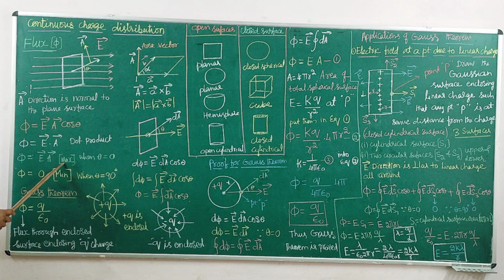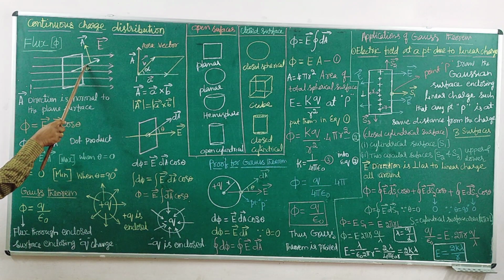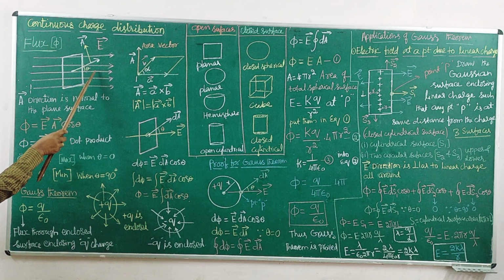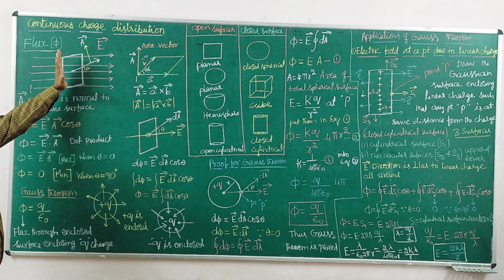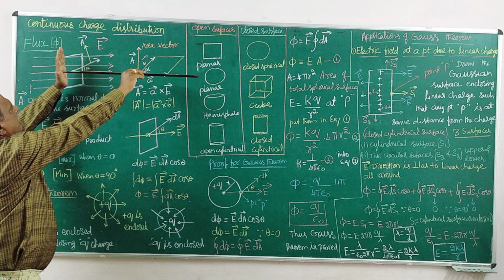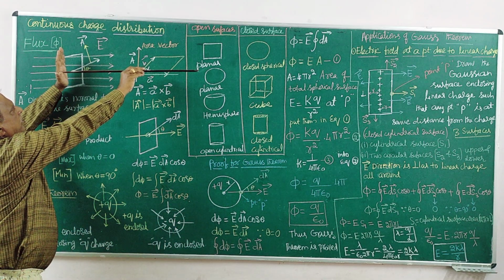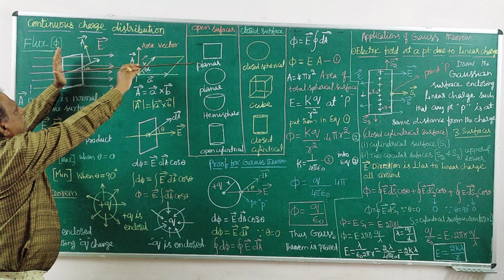That is the maximum value, when theta equals 0. Theta equals 0 means the direction of the area vector and the direction of the electric field vector remain the same. That happens when the area is exactly perpendicular to the direction of the electric field. If the plane is like this, the normal, or direction of the area, is this, and this is the direction of the electric field.